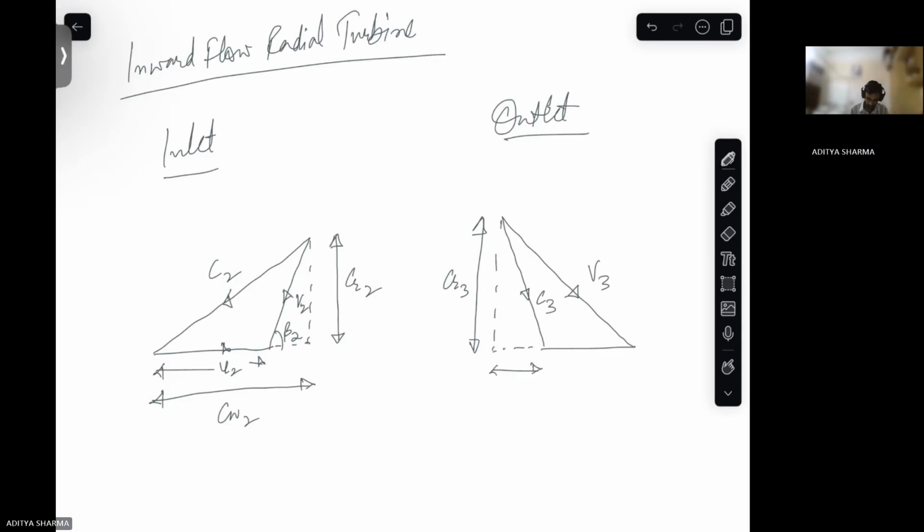This is W3, this is V3. So these are the velocity diagrams for your inward flow radial turbine at inlet and outlet.